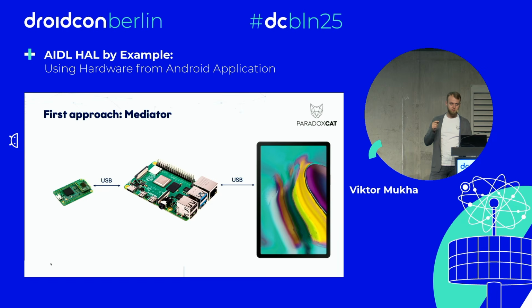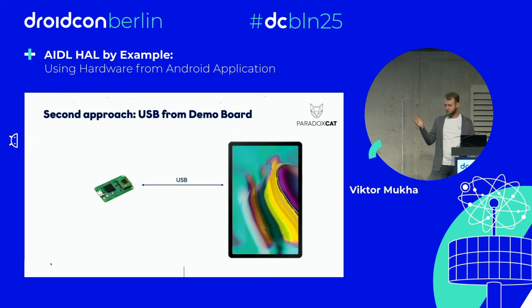So this, in fact, has been implemented, and you might have seen it a couple of years ago at DroidCon. But then we thought, well, we know Android, we know ASP, maybe we can connect it directly. Android can do it all.